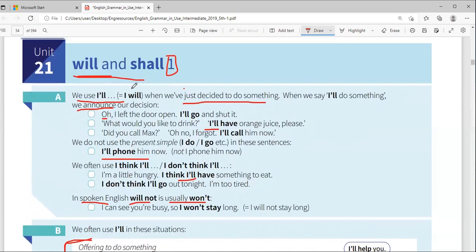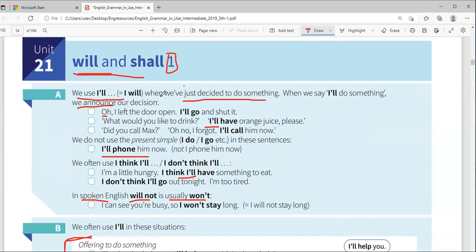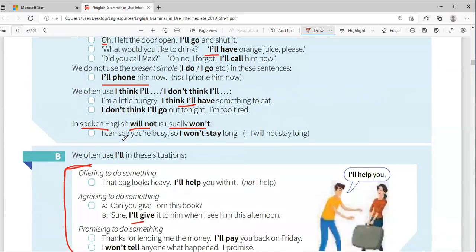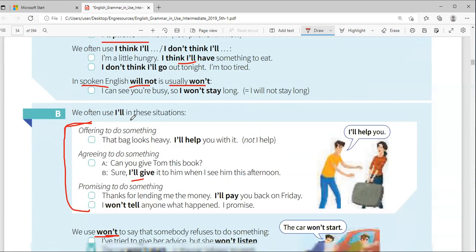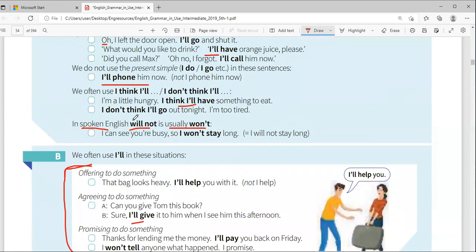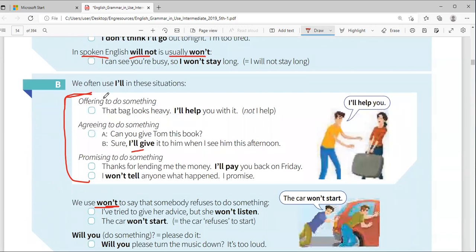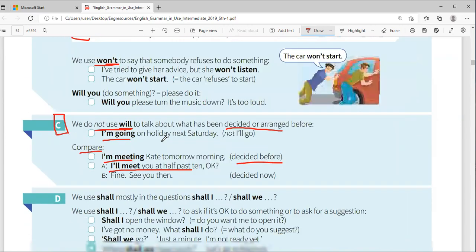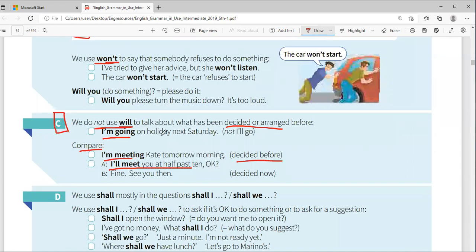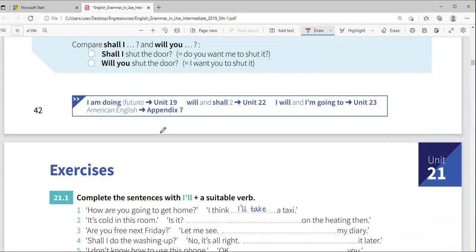But will is just to announce our decision. And because you're making decisions, you can at times say, I think I will do that, or I don't think I will. When making decisions, you can offer or agree to something someone tells you, or make promises also. So you have to remember that. That is what we've learned.